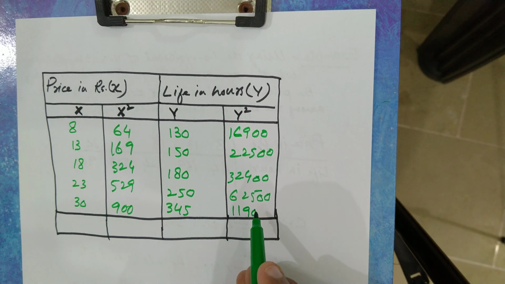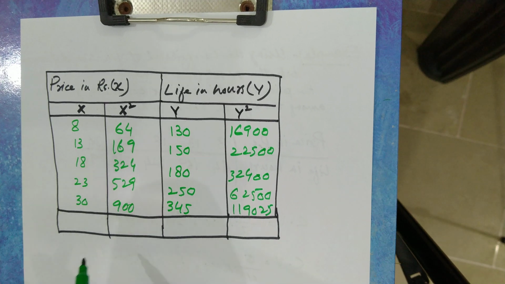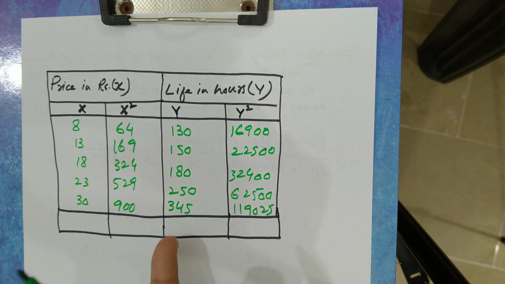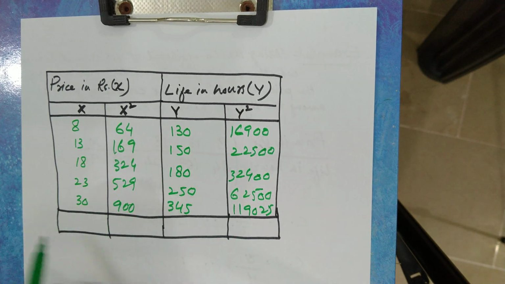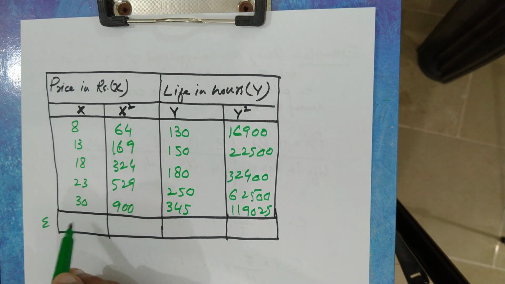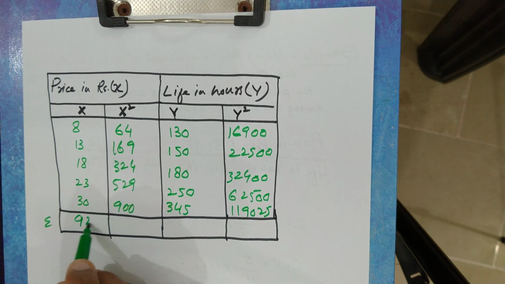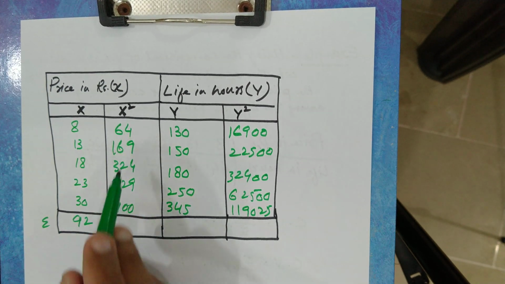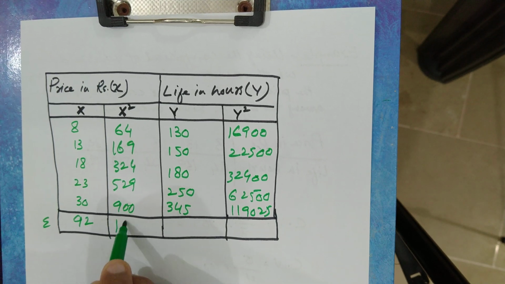Now we need the sum of all these columns, because these values are used in the formula for the mean of x and also the mean of y. Calculating the sums: for x the sum is 92, and for x square it is 1986.